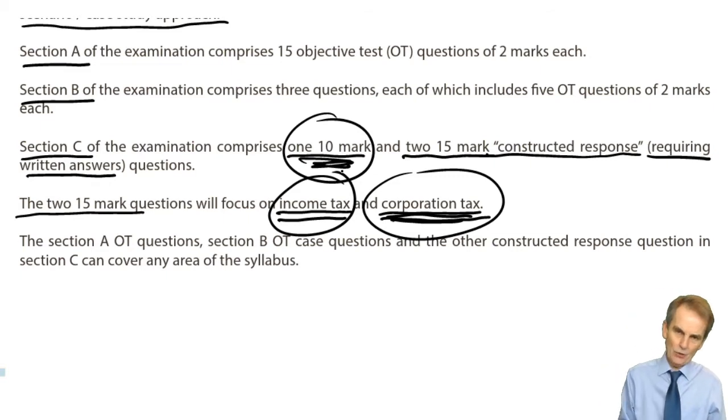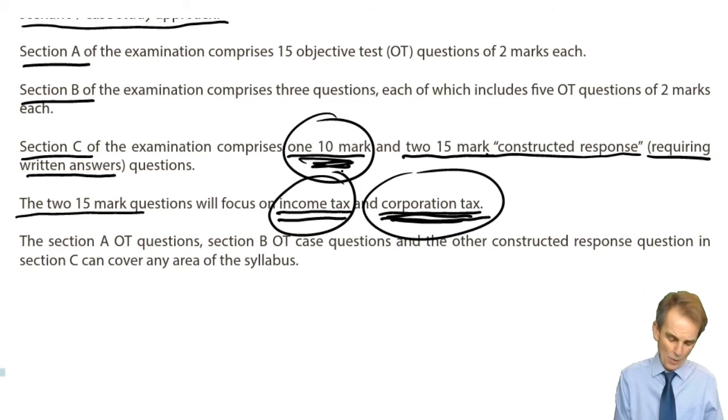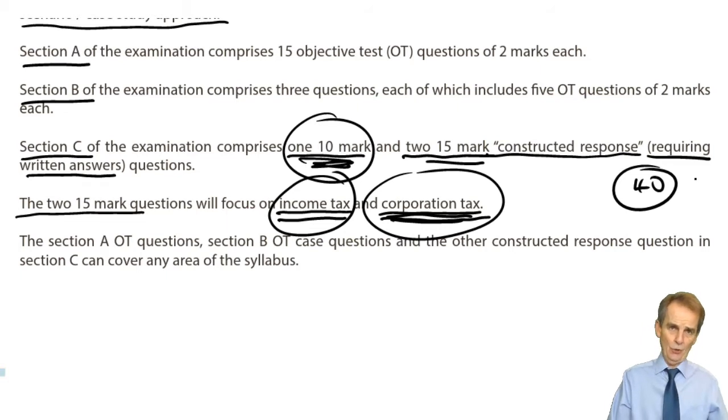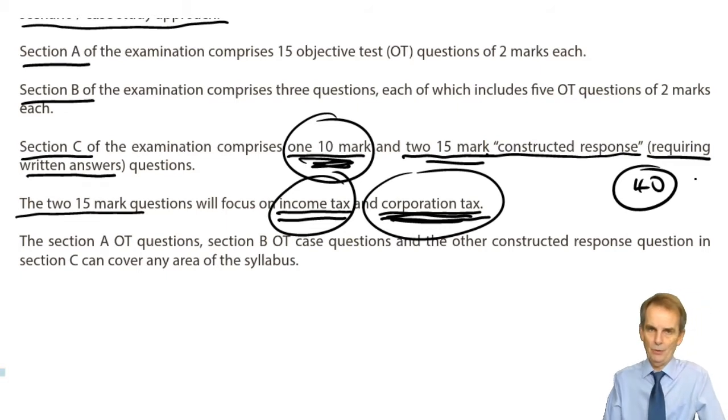Okay, so we've got the two big taxes, which are going to be predominant within section C of the paper. We've got one 10 mark, two 15 marks, so there's 40 marks there. And these are written answers that we are producing, albeit on our computer there. Now, again, if you don't choose to do section C first within the examination, it's your call as to which particular questions you answer first.